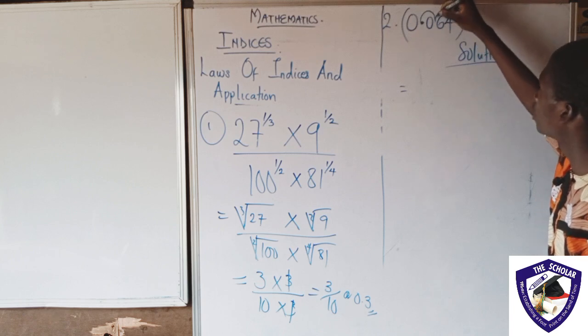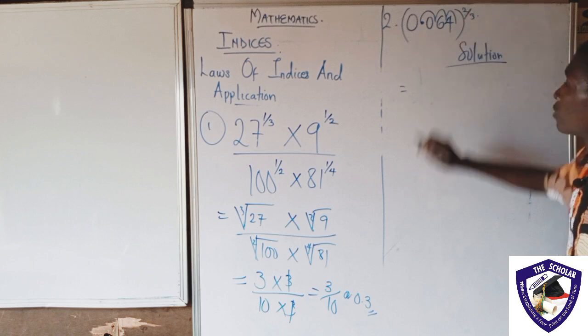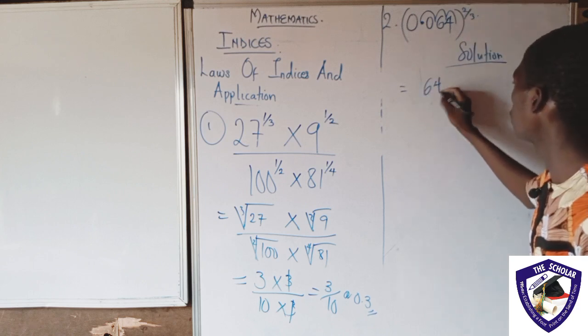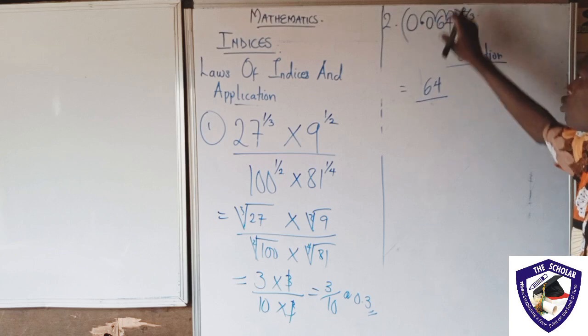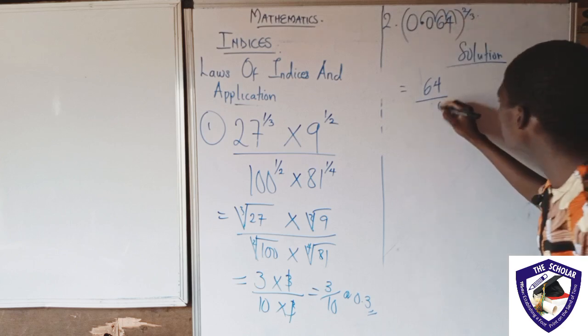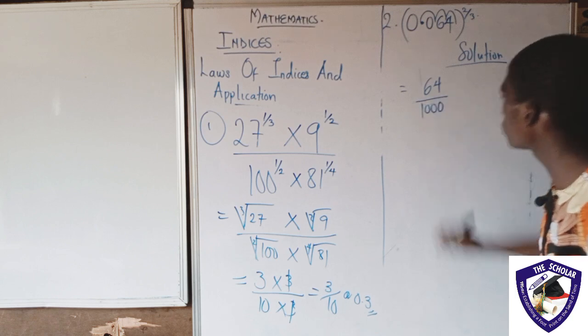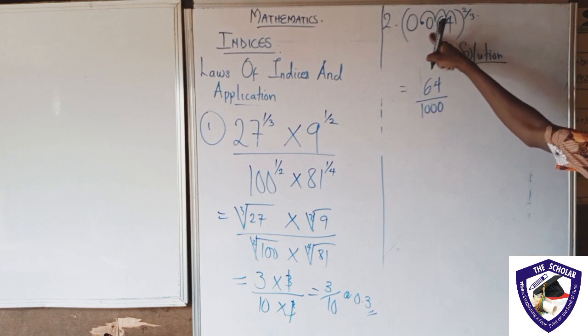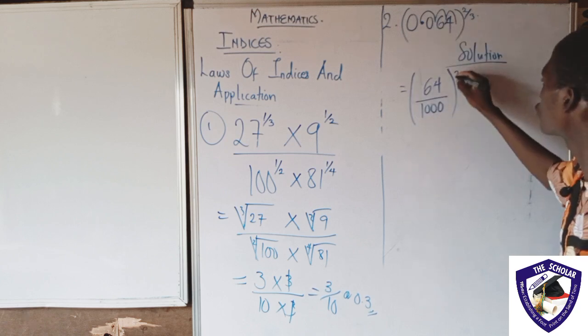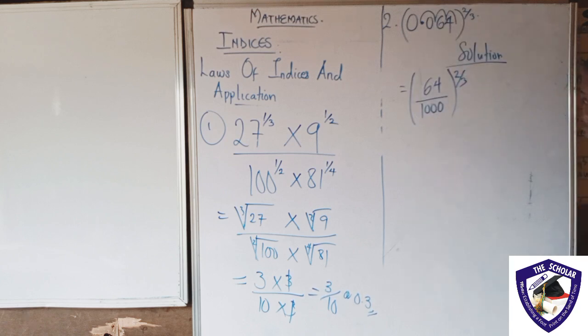So you have 1, 2, 3. So you have 64 divided by, we took it how many times? 1, 2, 3. Then we put 1 followed by three zeros, which is 1000. That means 64 divided by 1000 will give us 0.064 raised to the power 2 over 3.